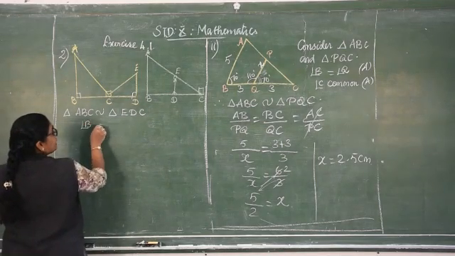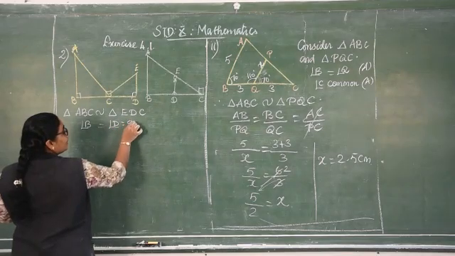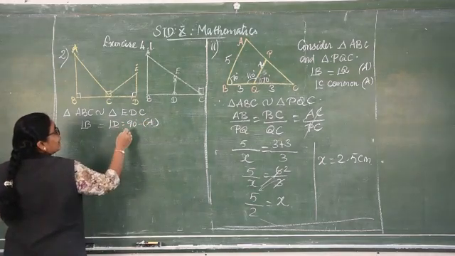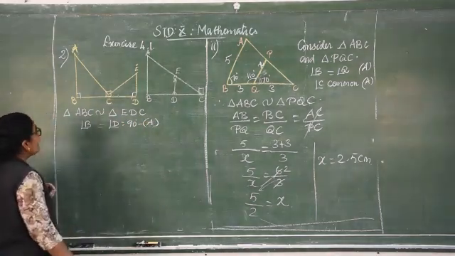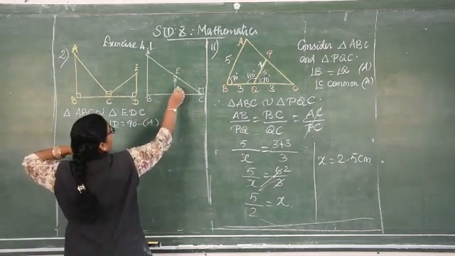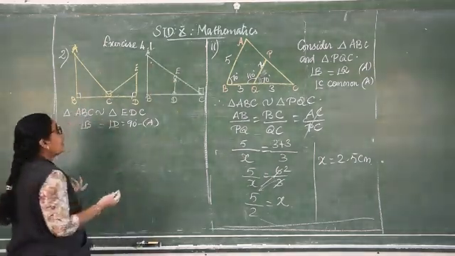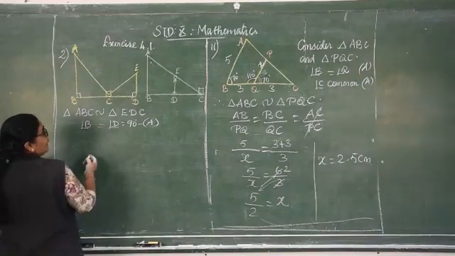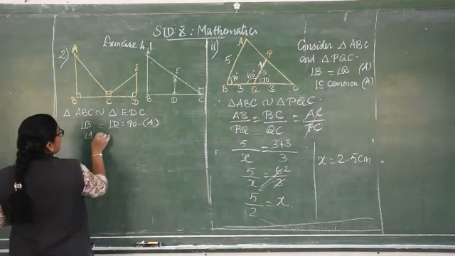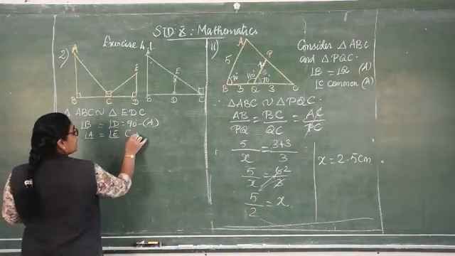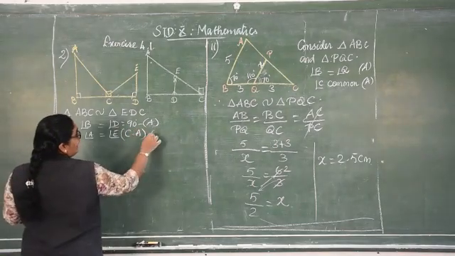Measure of angle B is equal to measure of angle D is equal to 90 degree. This is your angle, and these are vertically opposite angles, or here we can say that these two are corresponding angles. Measure of angle A is equal to measure of angle E, corresponding angles are equal because of parallel lines.